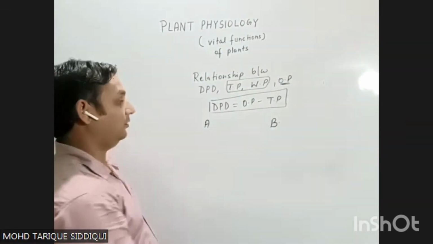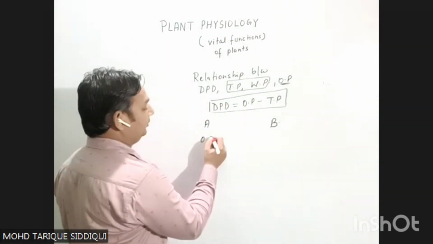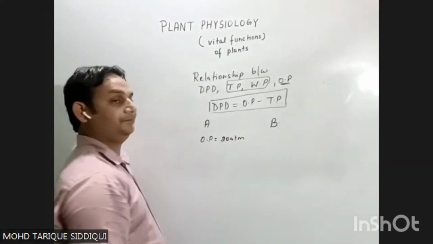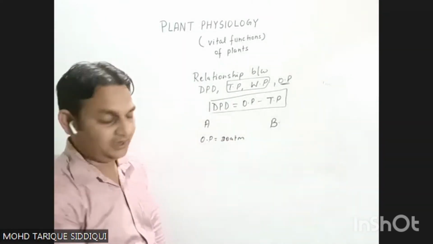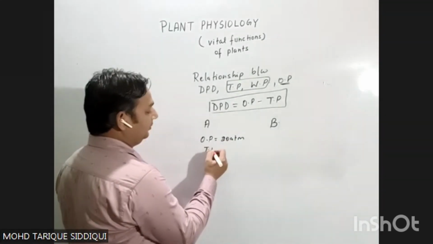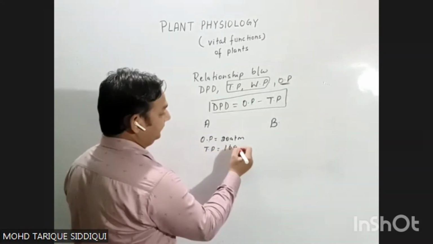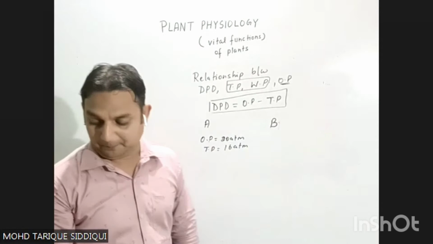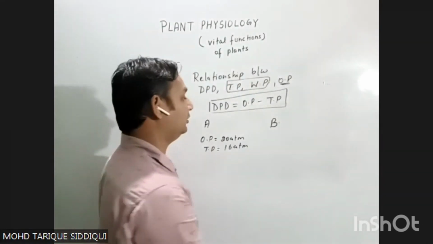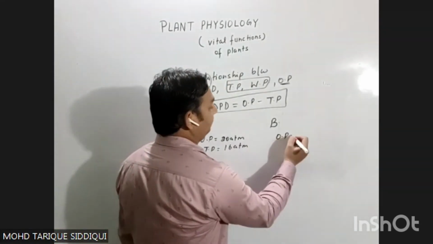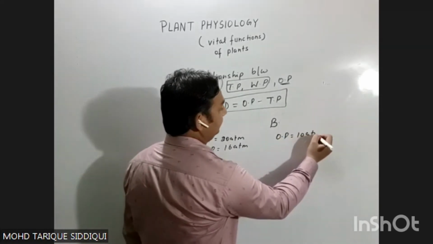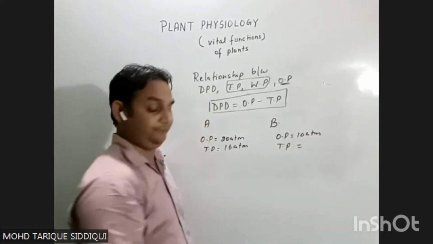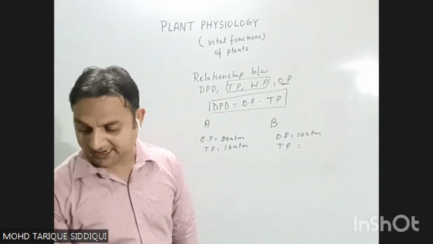A has osmotic pressure of 20 atmosphere and turgor pressure of 16 atmosphere. B has osmotic pressure of 10 atmosphere and turgor pressure of 8 atmosphere.